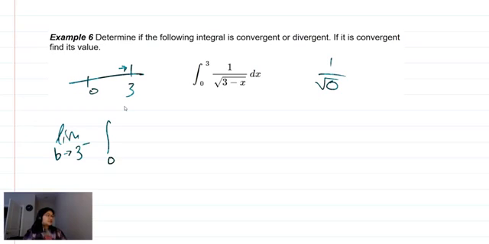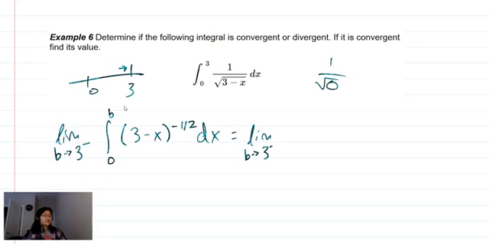of the integral from 0 to b of, and we're going to rewrite this as 3 minus x to the negative 1/2 power, just because I feel like that's easier to deal with. And that gives us the limit as b approaches 3 from the left of negative 2 times (3 minus x) to the positive 1/2 power from 0 to b. And we did that earlier, right? Okay, so what do we get?